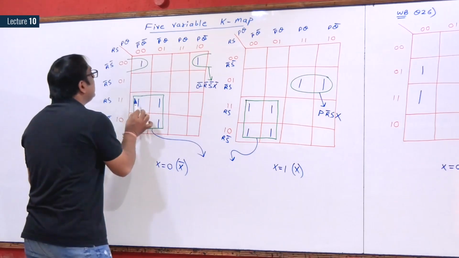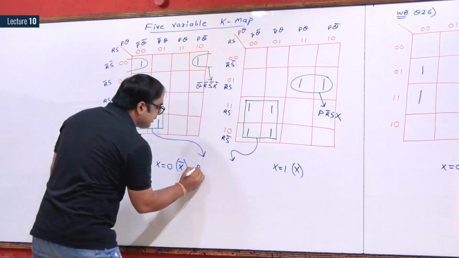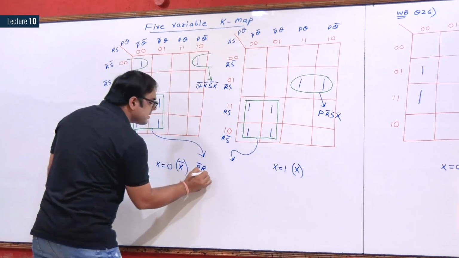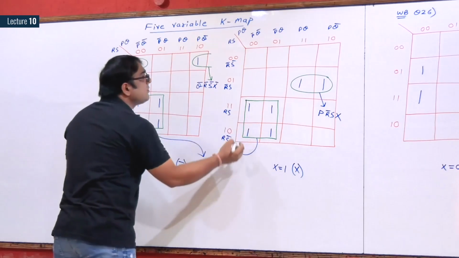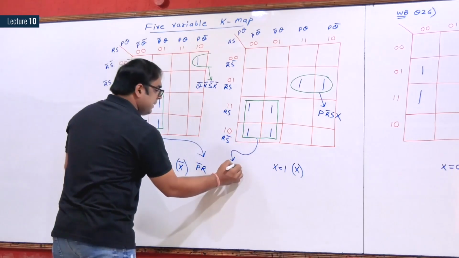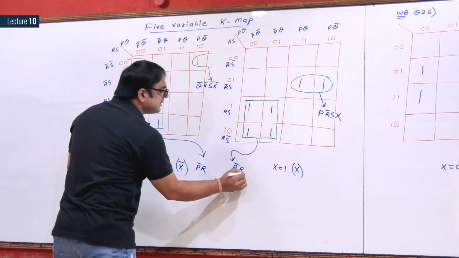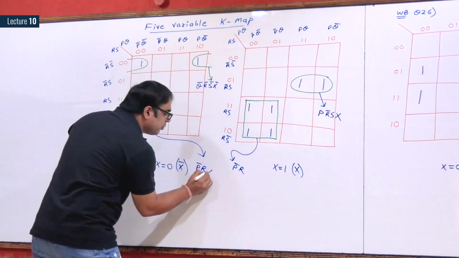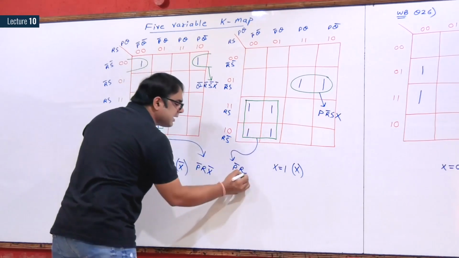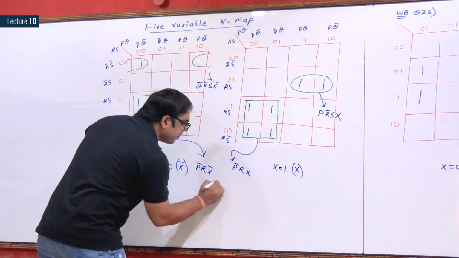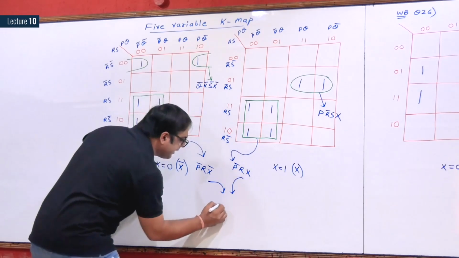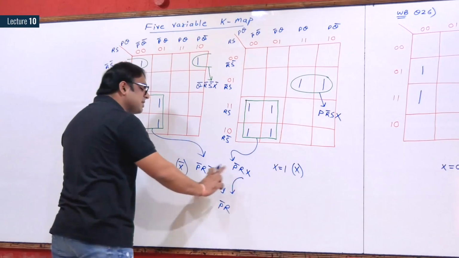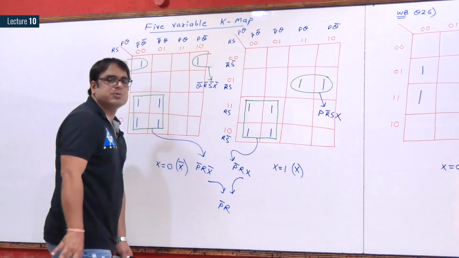This term will be P complement, and R is common from this side. Again, P complement is common and R from this side. This group corresponds to X complement, this group corresponds to X, so these two combined give me P complement R, because X plus X complement will be reduced.